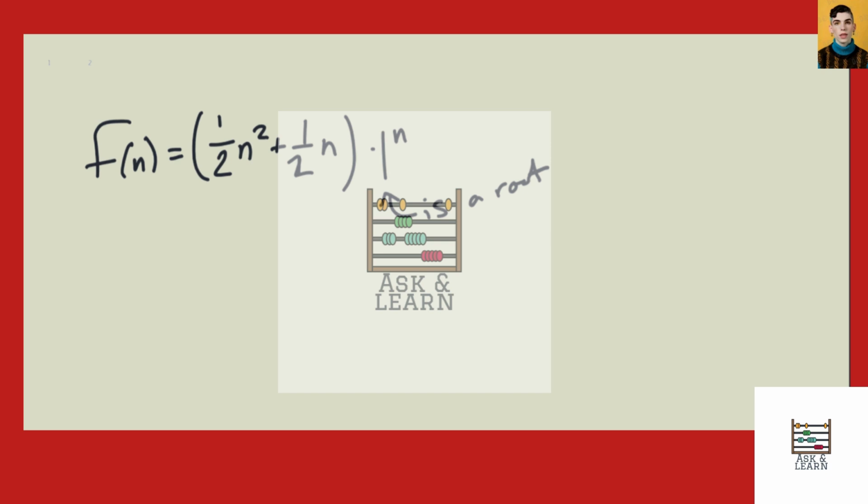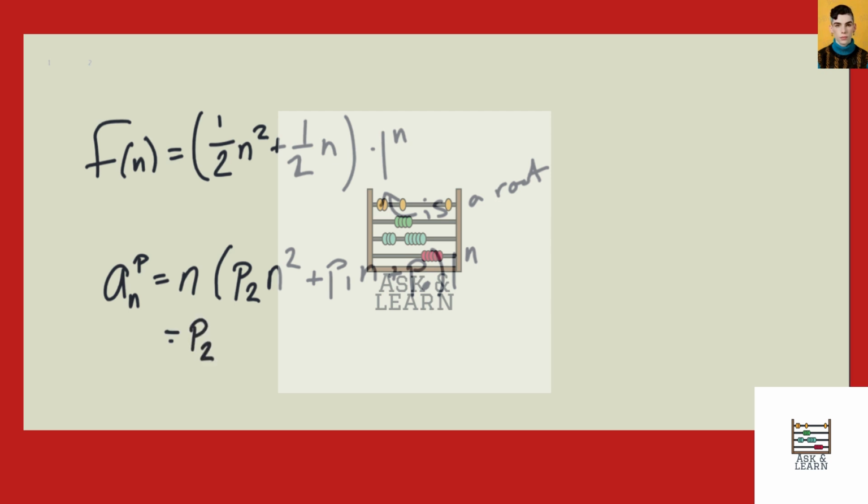And so that means that our particular solution is going to be equal to n times p2 times n squared plus p1 times n plus p0, times 1 to the power of n, which is just p2 times n cubed plus p1 times n squared plus p0 times n.